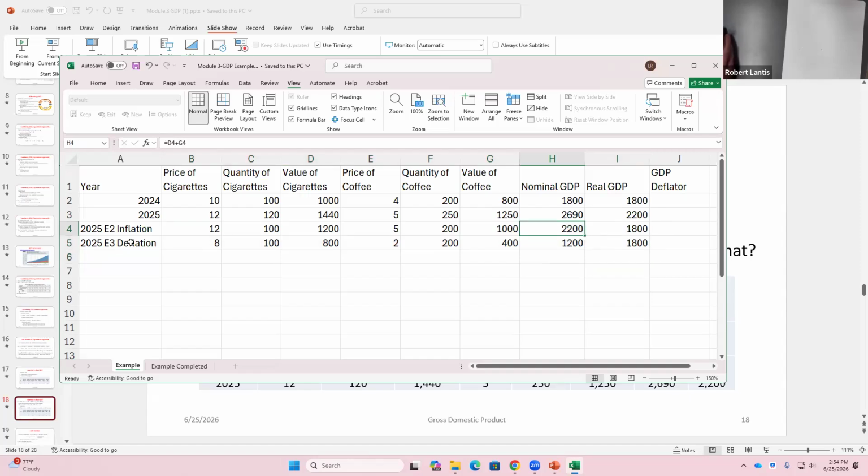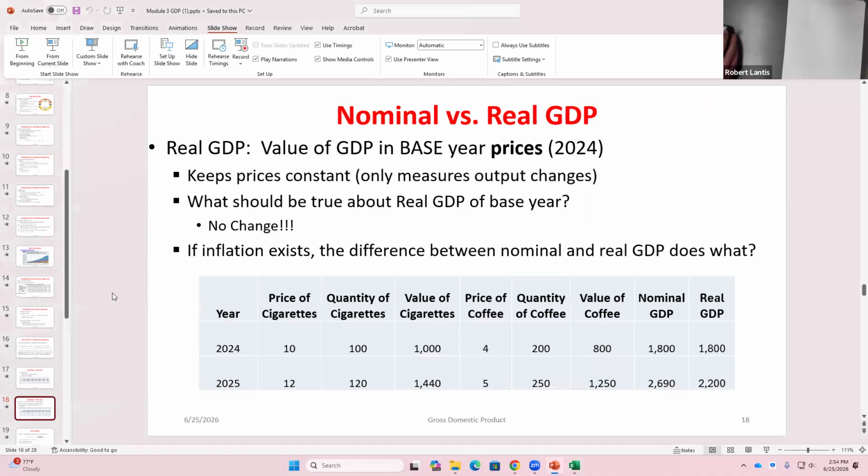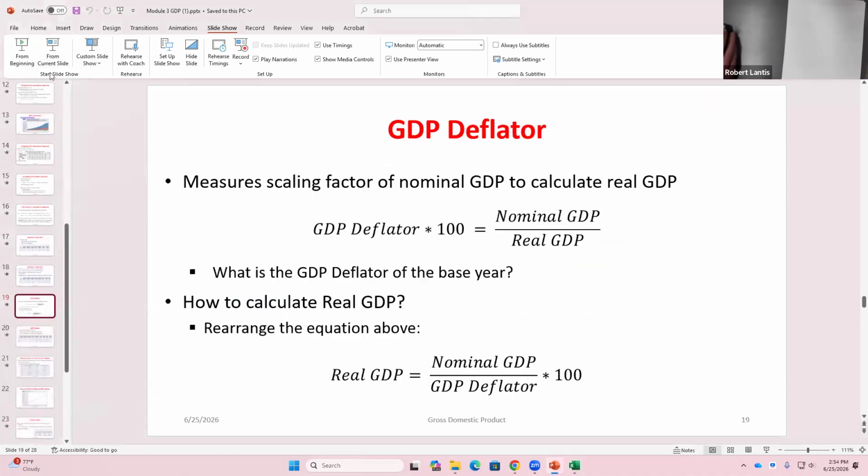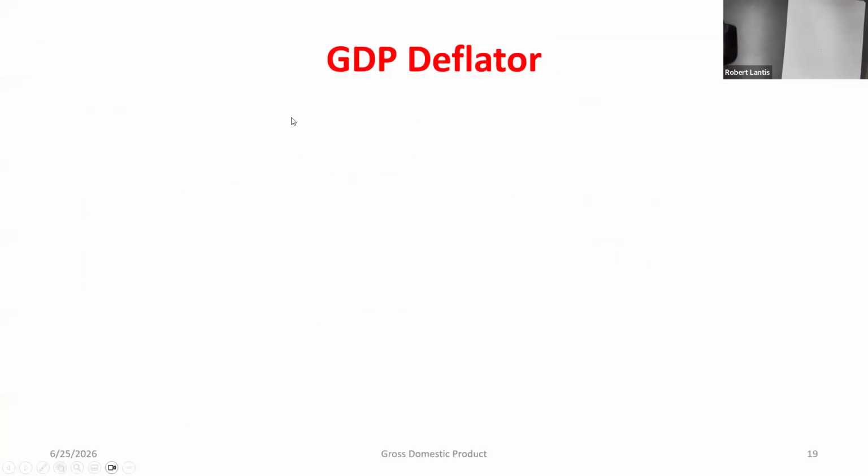Anytime I have price decreases, that nominal GDP will actually be less than my real GDP, as long as I'm holding constant the quantities. So with this idea in mind, we'll move to the next topic, which is, if we know we want to use real GDP, I want to adjust for these price changes or hold constant prices so my GDP is just measuring output.